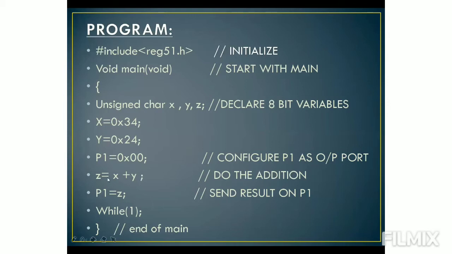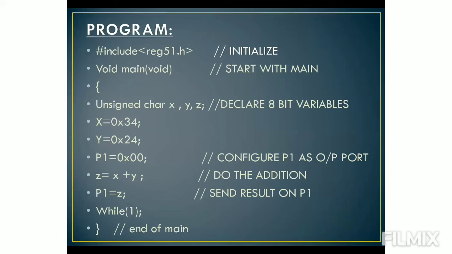Next, we have to do addition. For this purpose, we have to use the instruction z is equal to x plus y. Next, we have to send the result on port P1. P1 is equal to Z semicolon.